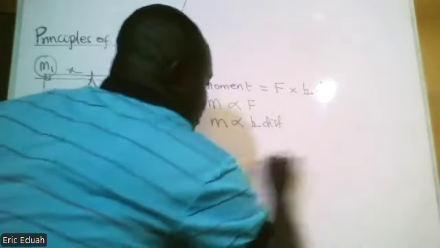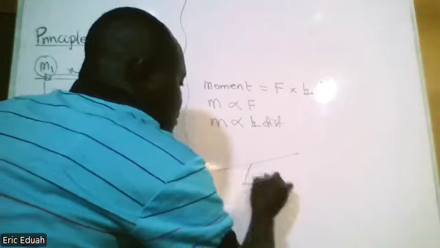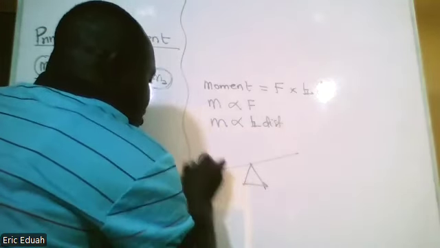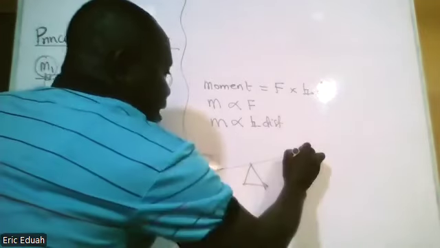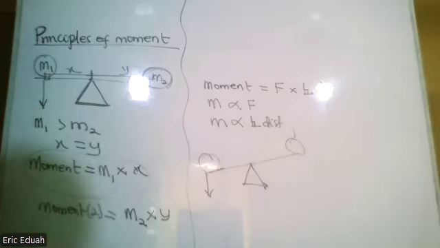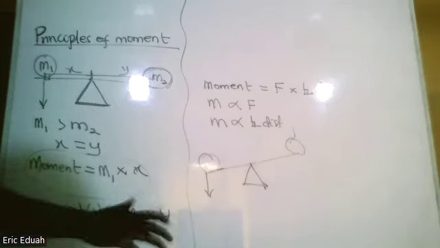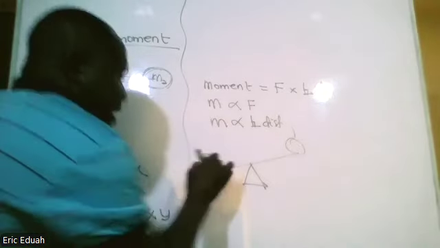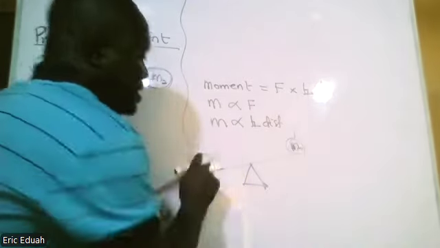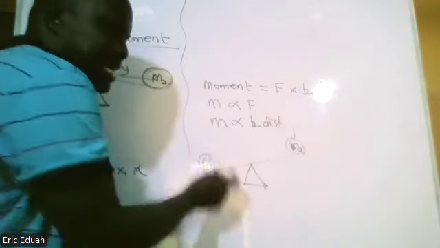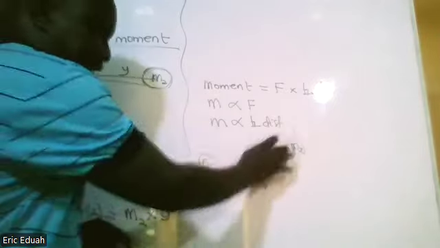We'll have this situation where M1 will be here and then M2 will be up here. The net turning effect will be in the direction of the bigger mass M1. So this will tilt M2 because the turning effect produced by this is greater than this.